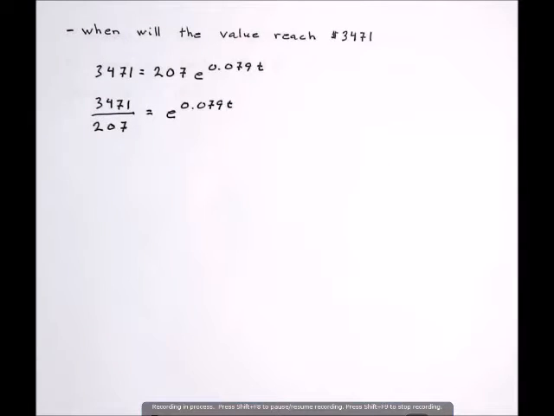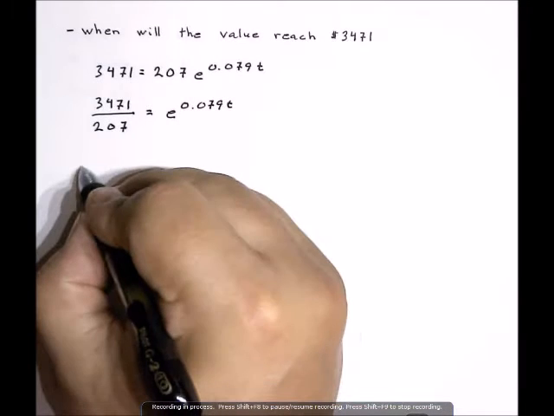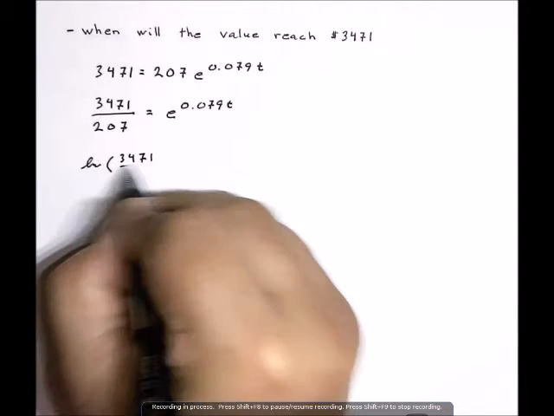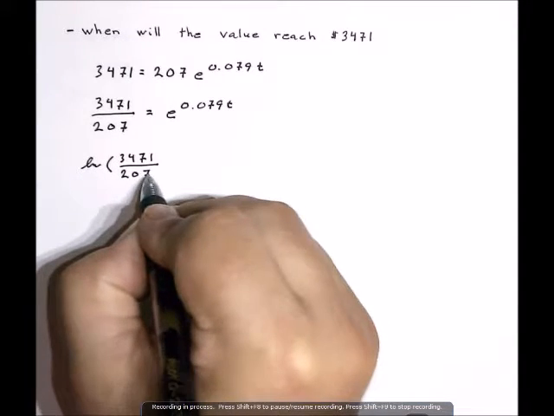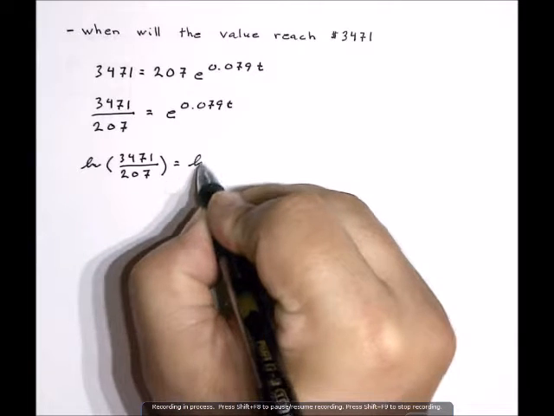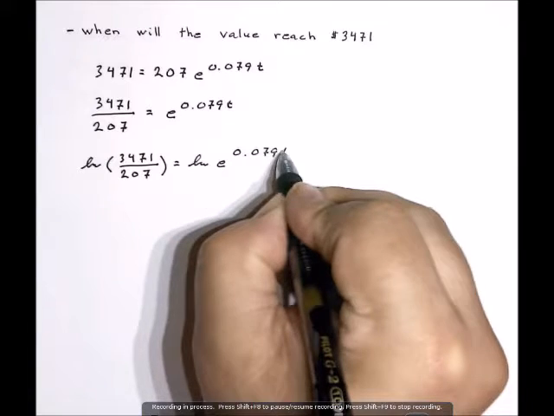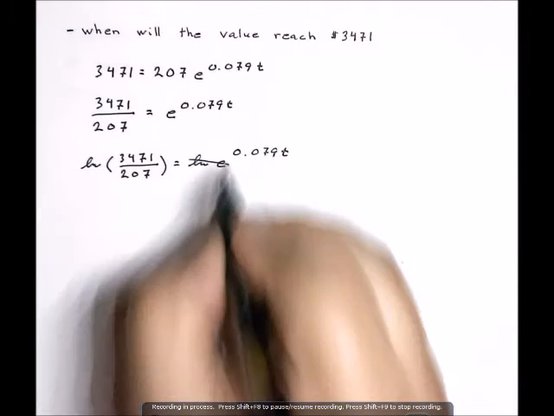Now I'm taking the natural log of both sides, and natural logs and e's cancel each other out.